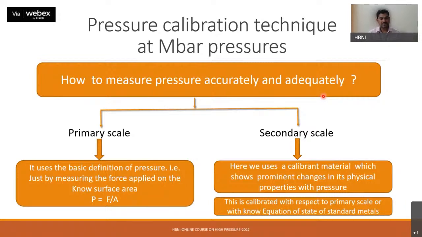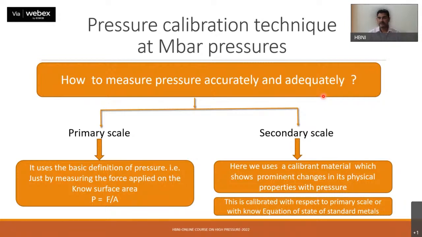In the primary scale, we use the basic definition of pressure, that is, pressure is nothing but force per unit area. So you measure the force applied on a specified area, you measure the area as well as force, and by doing that, you can directly calculate the pressure. And in the secondary scale, we calibrate against the primary scales.